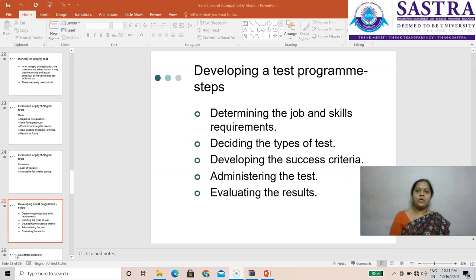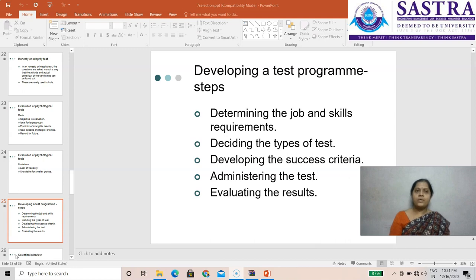The job description specifies the duties and responsibilities associated with the job, while the job specification means the human qualities necessary to perform the job.